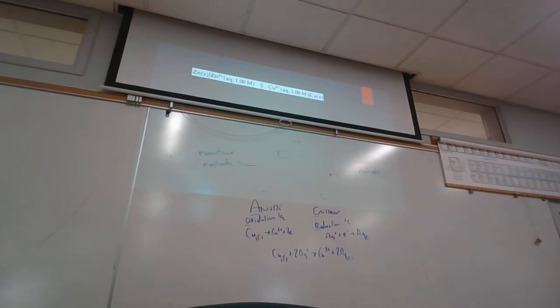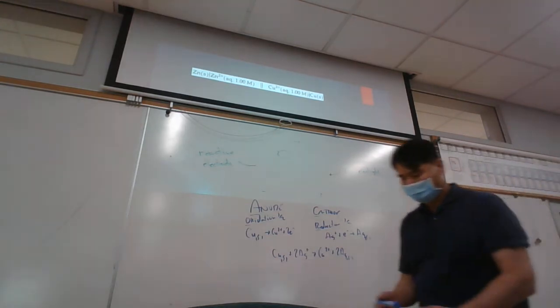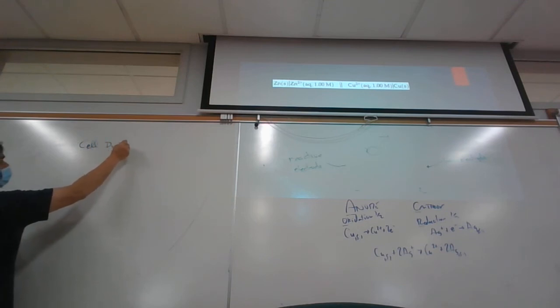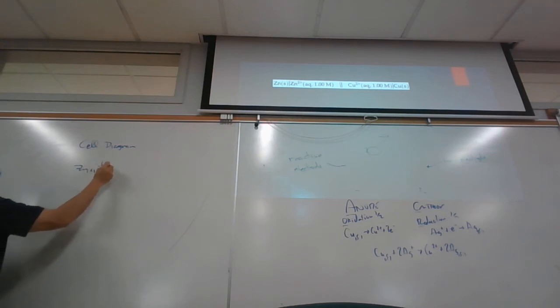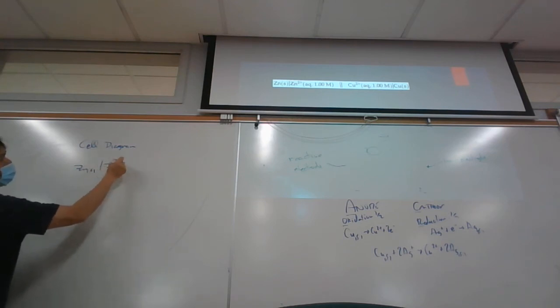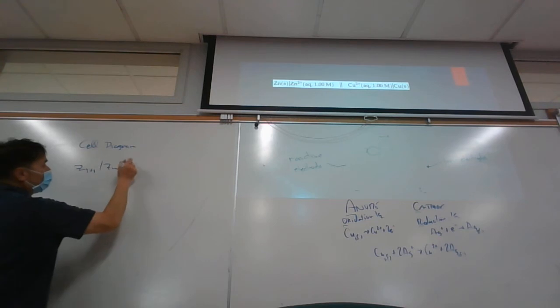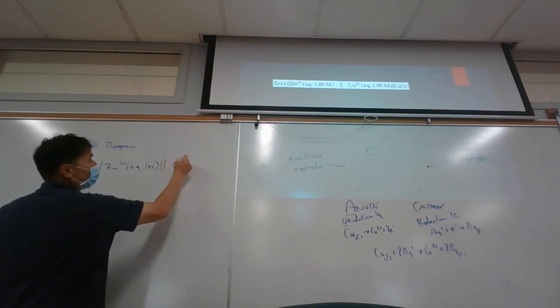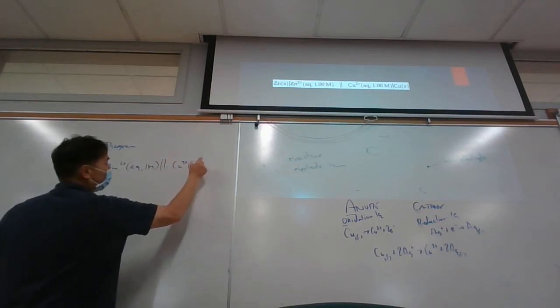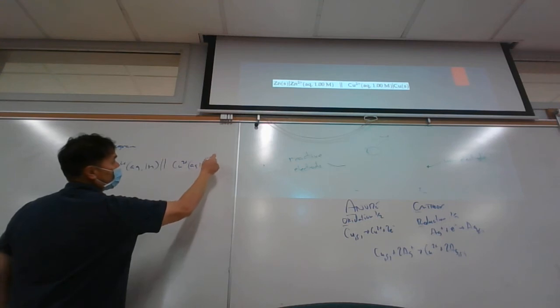This is a shorthand way of representing a cell. This is called a cell diagram. So if I have this cell diagram, zinc solid goes to Zn 2 plus aqueous 1 molar, double bar, copper 2 plus aqueous 1 molar, goes to copper solid.